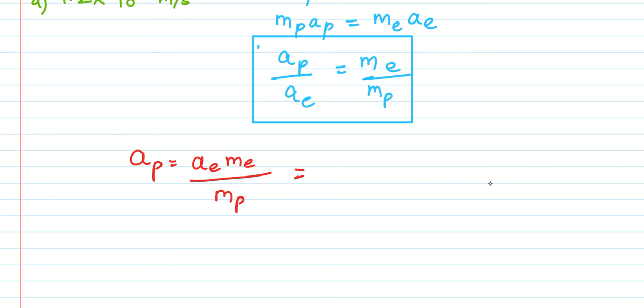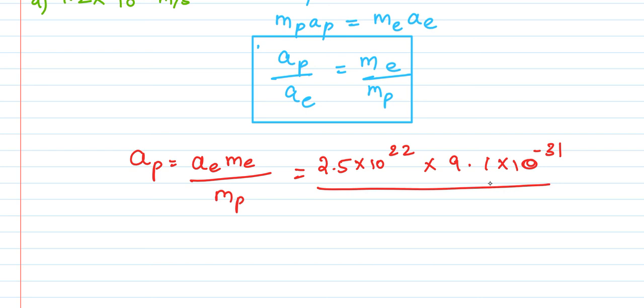Now after this, the trick is very simple: just substitute the values given in the question. As per the question, it is 2.5 into 10 to the power of 22, and here the mass of electron, as you have seen in the previous question, 9.1 into 10 to the power of minus 31, divided by mass of proton, which is 1.67 into 10 to the power of minus 27.